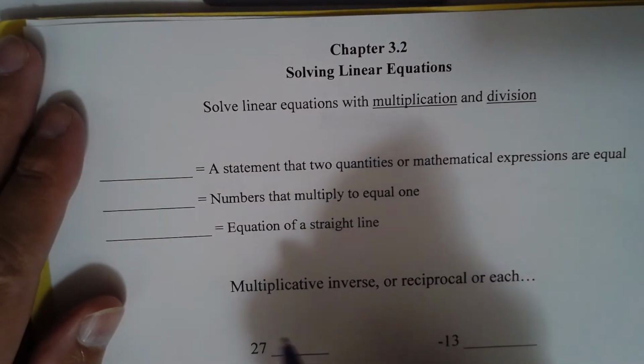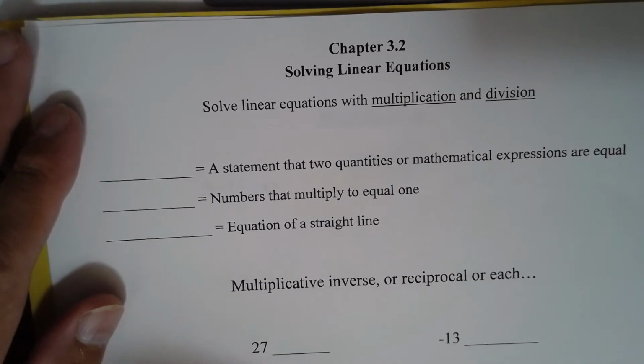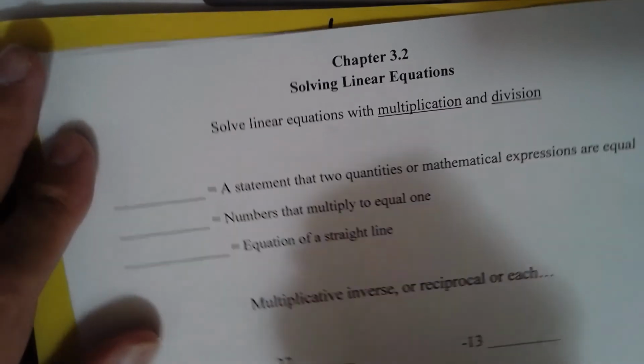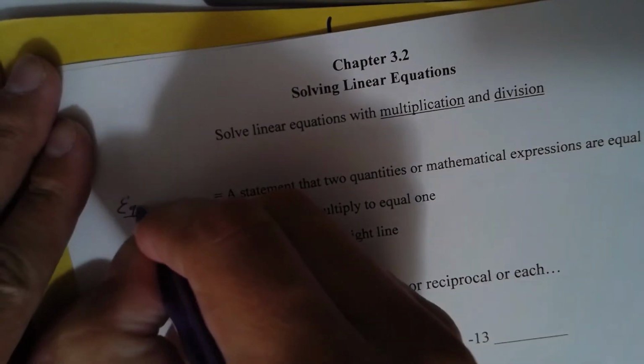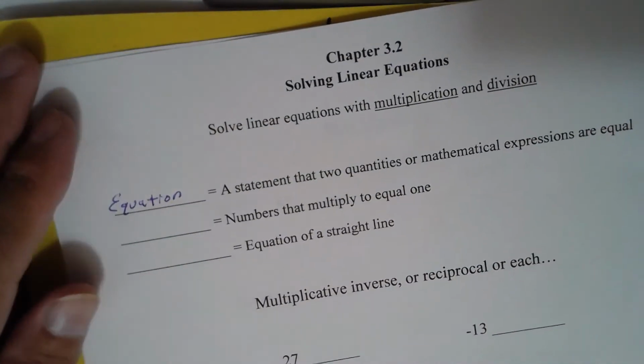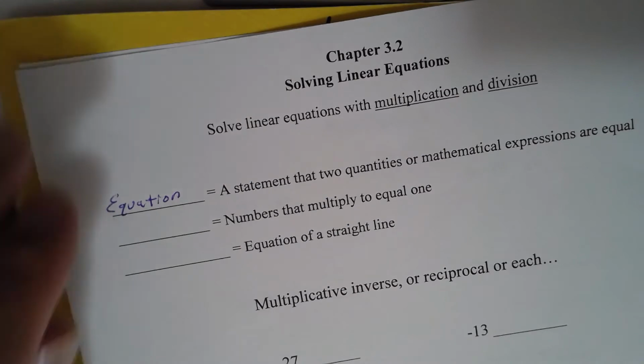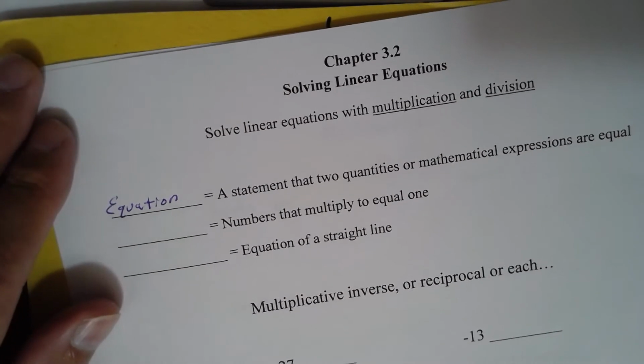So our first word is going to be a statement that two quantities or mathematical expressions are equal. We call that an equation. Alright. And the next one, a number that multiplies to equal 1.